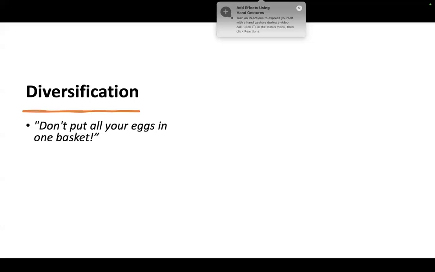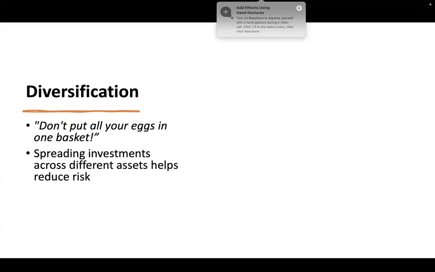Now, we have all heard of diversification all the time. Yes. What does that mean? Put simply, don't put all your eggs in one basket. You have heard this sentence like 1,000 times. Spreading investment across different assets helps reduce risk.